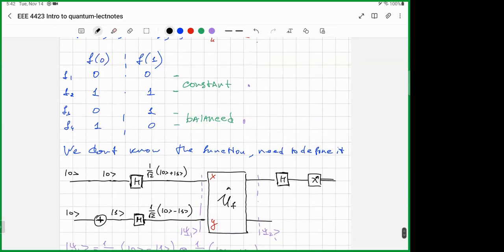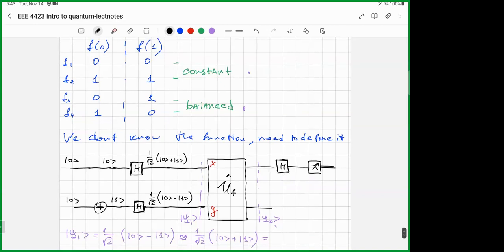We don't know what kind of function or oracle it is, but we can map this oracle onto the quantum unitary operator UF, okay? Different kinds of functions f will give different operators, but we don't know the operator.